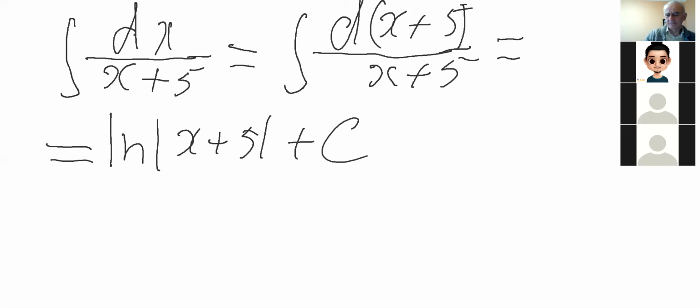Any questions? No. Okay, if no questions, now check yourself and find the integral dx over x minus 1.